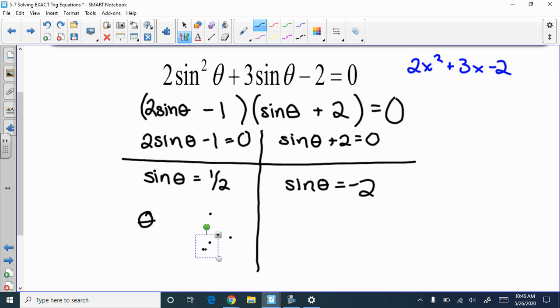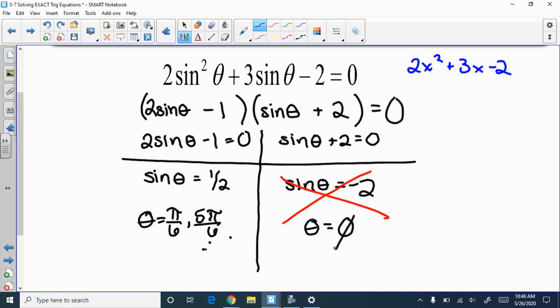Well, that's going to be when theta is equal to pi over 6, as well as 5 pi over 6. And then sine of theta equals negative 2. Well, negative 2 is outside of our range for sine, so sine of theta will never equal negative 2. You won't have any solutions for theta on the other side. So our only solutions here would be pi over 6 and 5 pi over 6.